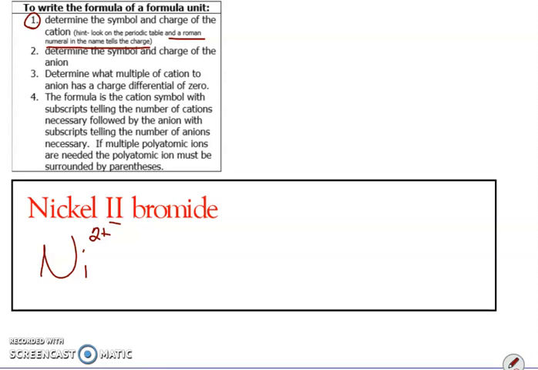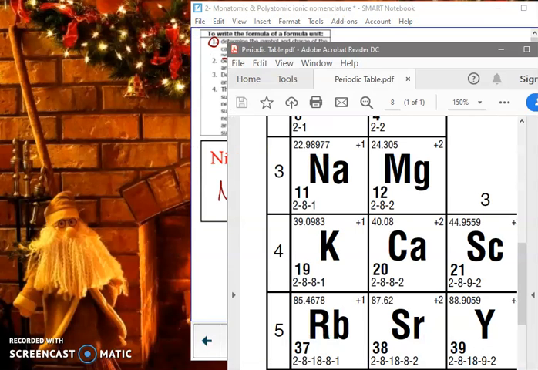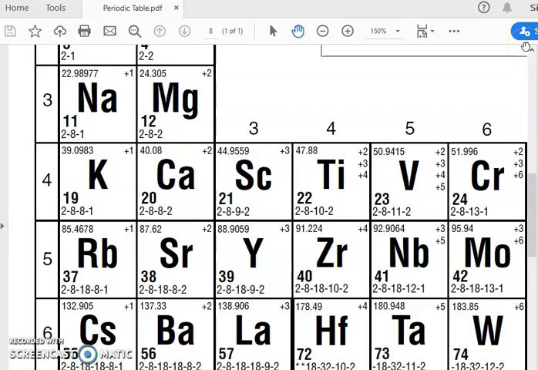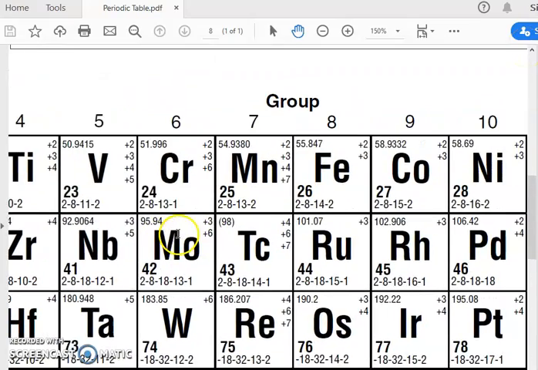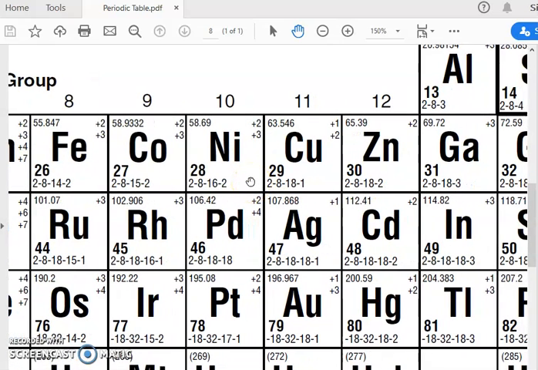And I know that because the reason it's got to be in there is because nickel has more than one oxidation state. So if we look at nickel here, there's nickel. Nickel has both a positive 2 and a positive 3 oxidation state. Calcium, the last one, only had a positive 2, only had 1.